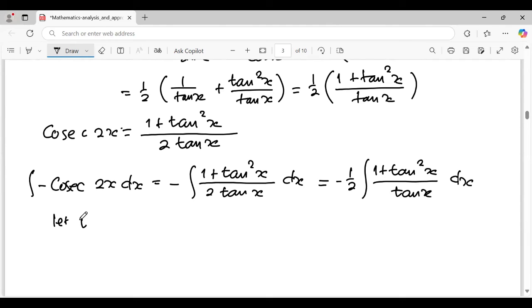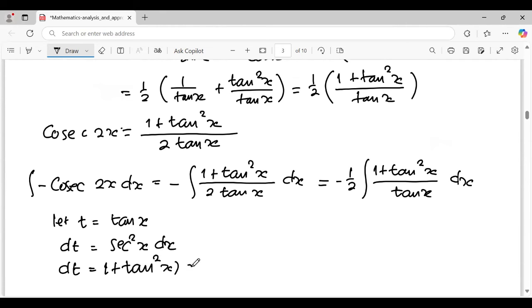Let t equals tangent x. So dt equals secant squared x dx. Secant squared x dx is equivalent to 1 plus tangent squared x dx.